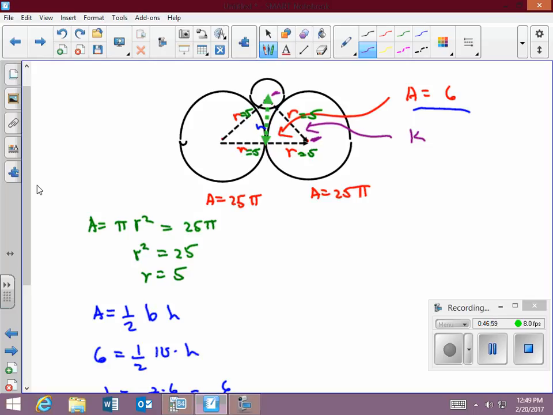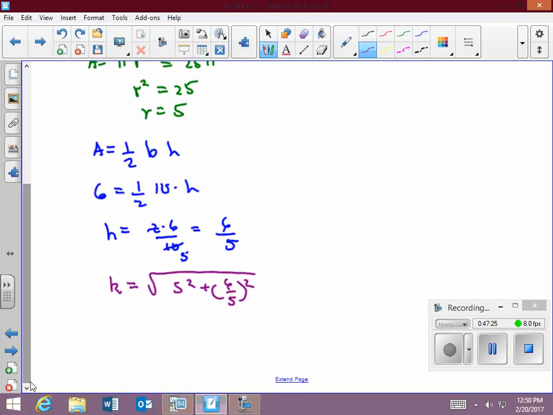I didn't draw it very good, but this point right here is the tangency of the small circle and the big circle. So if I subtract the r from the k, I get the radius of the little circle. So the radius of my little circle is equal to k minus r.